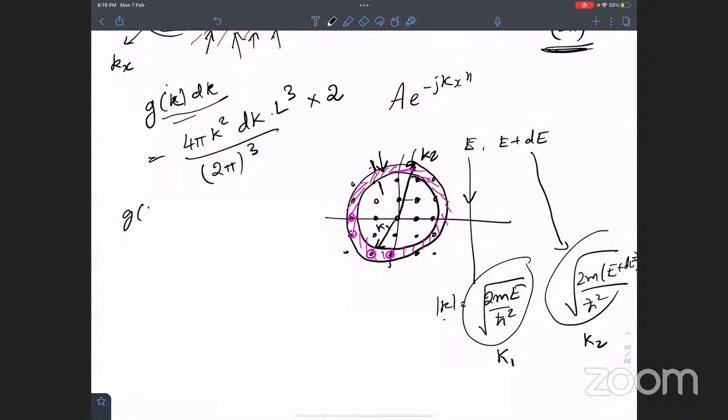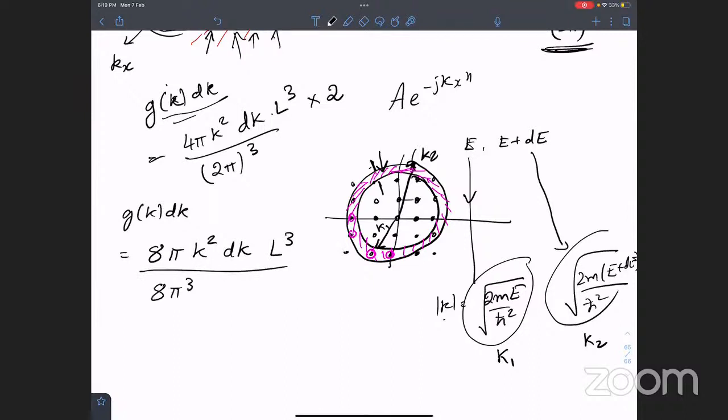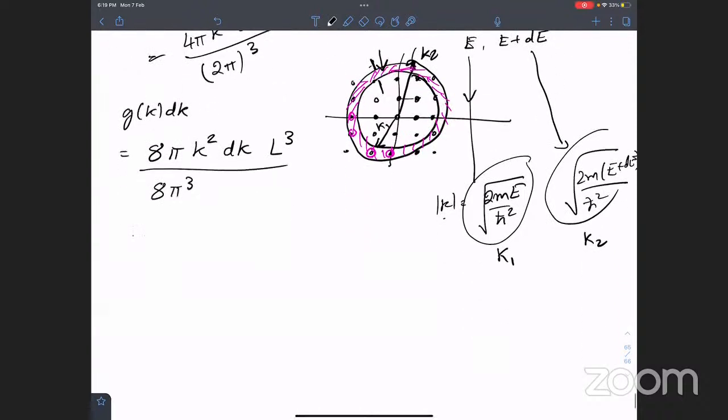G of k, d of k is 8 pi k squared dk into L cubed divided by 8 pi cubed. Simplifying that gives me k squared by pi squared into dk into L cubed.